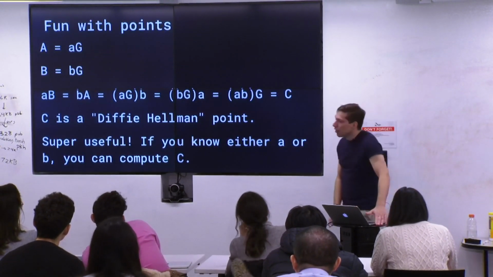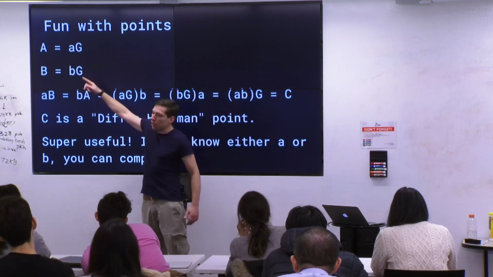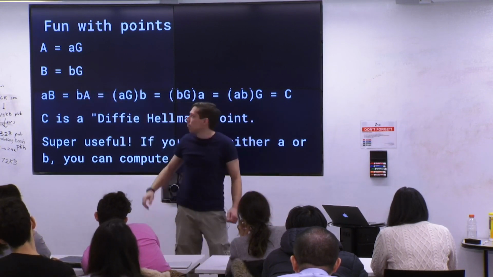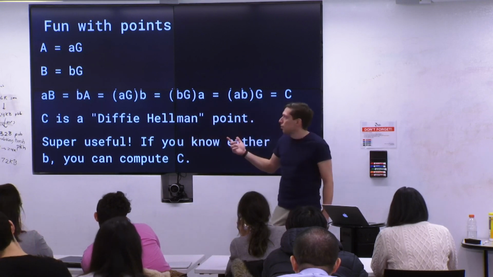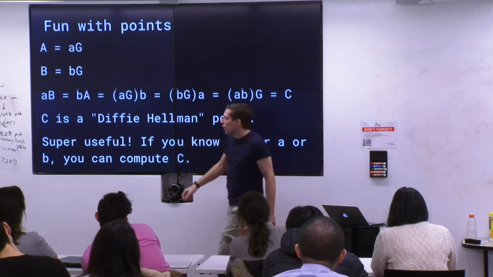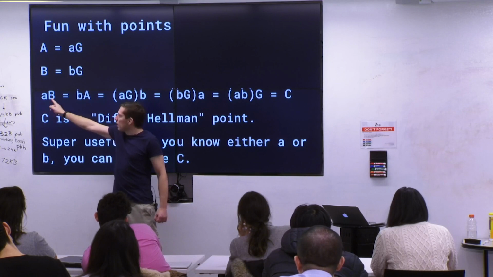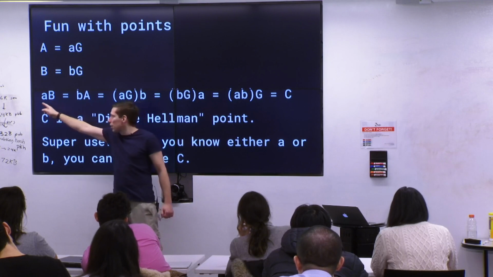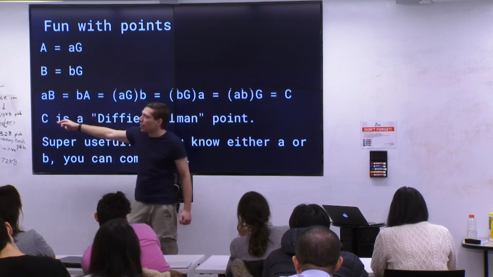Fun with points. Okay, so I'm not using an asterisk, I'm just writing B times G. Let's say Alice has a public key A, Bob has a public key B, which is little a times G or little b times G. Well, this is weird: little a times big B, Alice's private key multiplied by Bob's public key. You can do that, right?